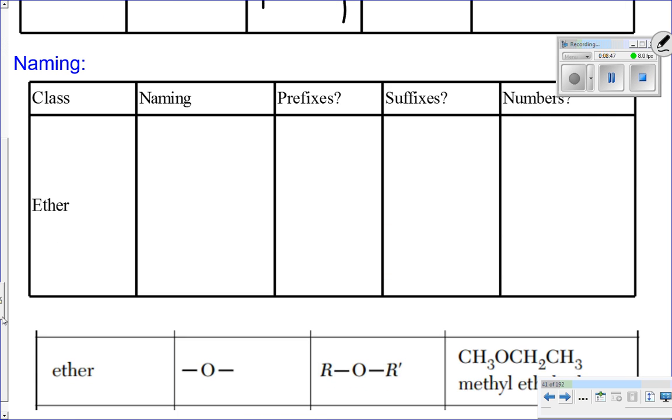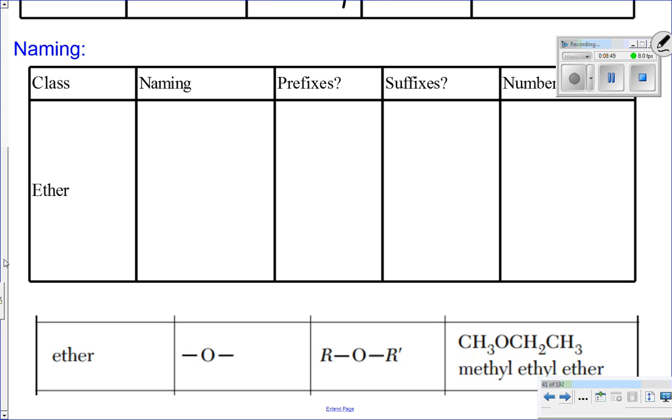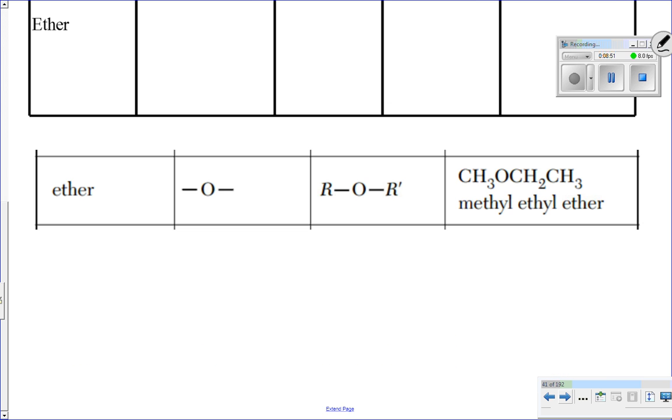Now we want to name an ether. So if we look at our example from table R, our example in table R is something called methyl ethyl ether. I like to identify that ether functional group right there. What this really looks like is CH3, O, CH2, CH3.